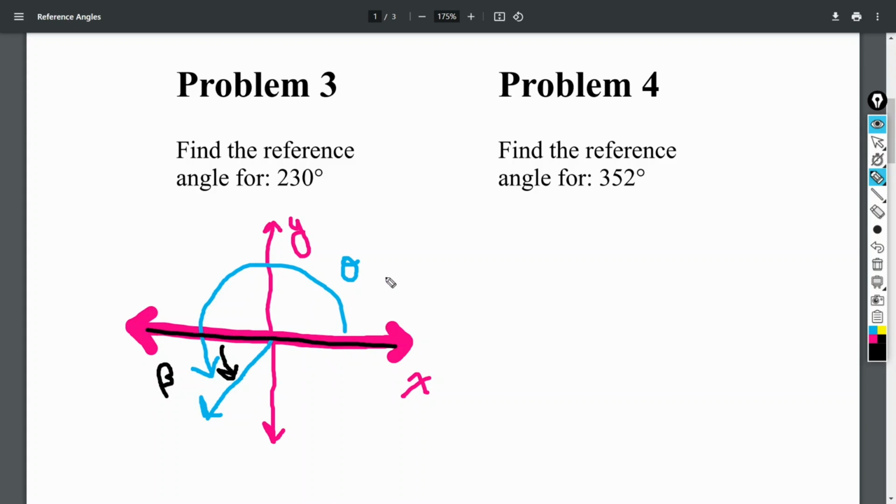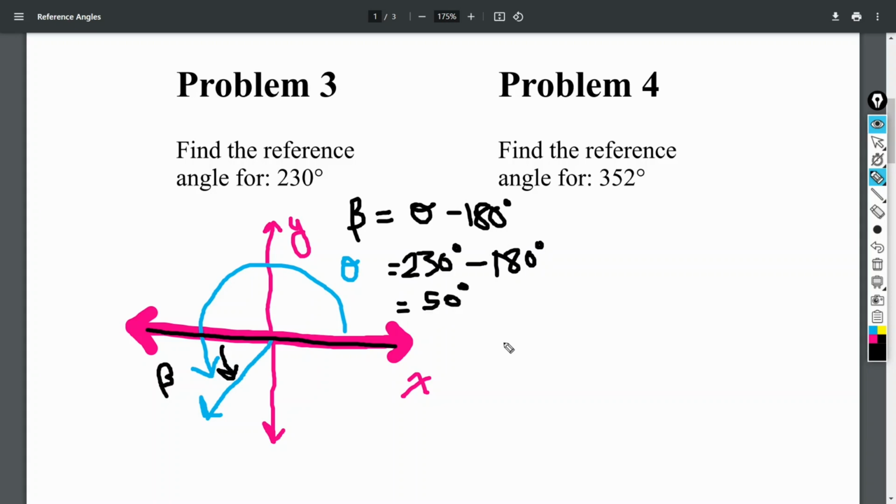So our reference angle is going to equal theta minus 180 degrees. So we're going to take 230 and subtract 180, and we're going to get 50 degrees. Okay, so that's our reference angle for problem 3.